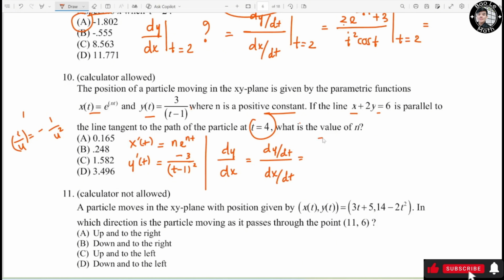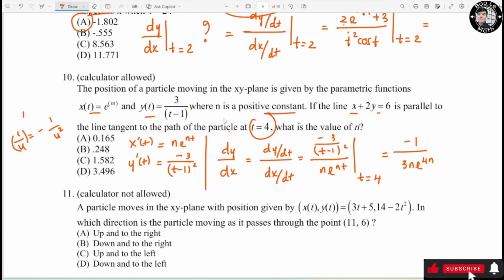So it will be negative 3 over t minus 1 altogether squared, over n times e to the n t, right? Now you need to evaluate this one at t equals 4, right? So it's going to be negative 1 over 3 times n e to the 4n, right?